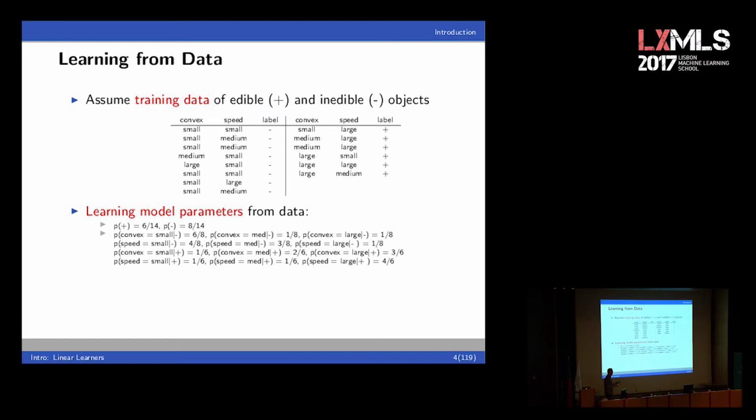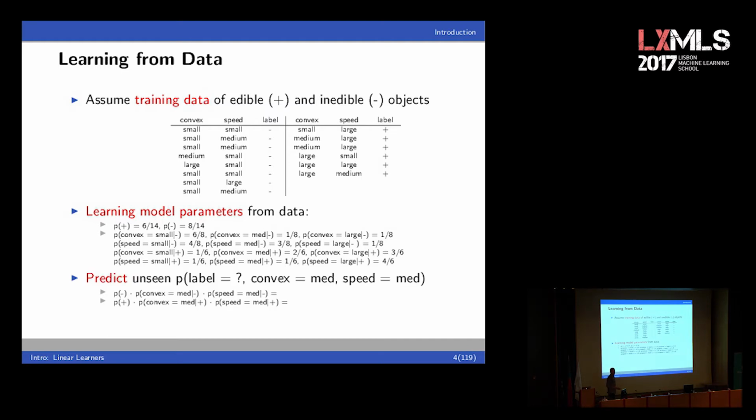What we did basically in this model, we broke down the decisions into smaller parts that we then later on can build up together. So build up anew. What we can basically do with this very simple model, we can now say something about data that we have not seen before. So we can say what is the probability of a medium-sized and medium-speed object.